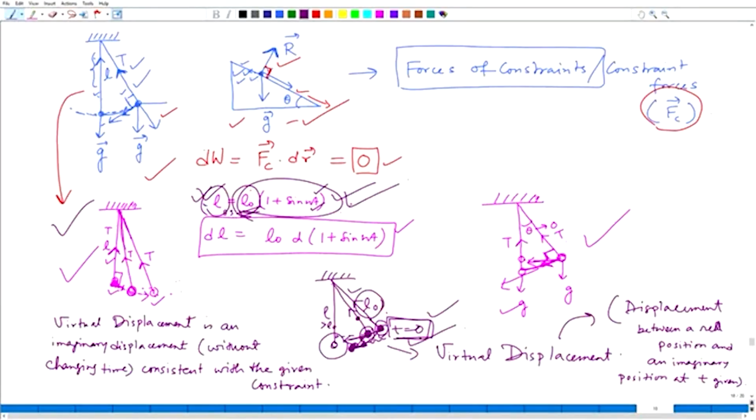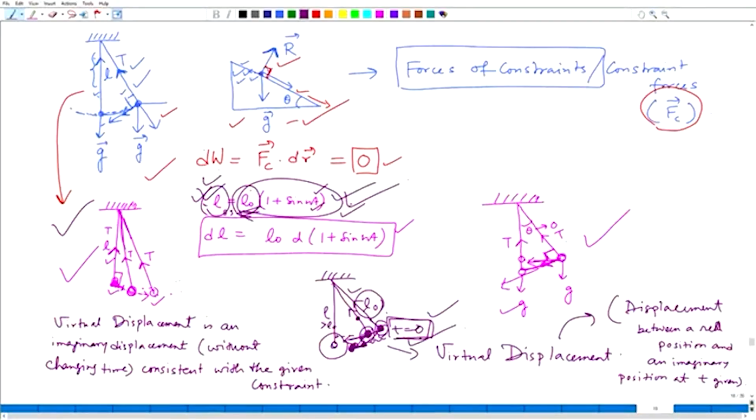If you take virtual displacements instead of real displacement, then even when you have explicitly time dependent constraints, that means rheonomic plus holonomic constraints, the work done associated with the virtual displacement is always 0, because you are freezing the time, you are always thinking of the same length, since L will be the same for a given value of time.